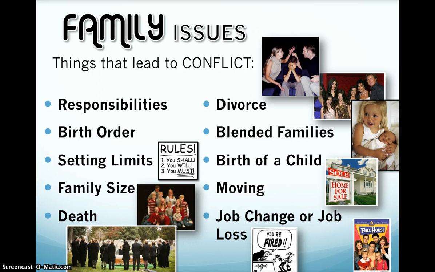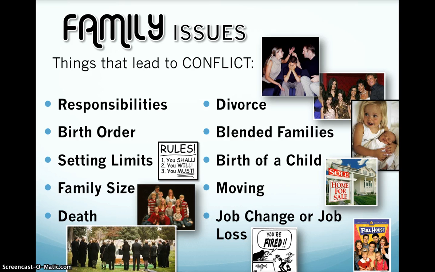Also, death can lead to conflicts, whether someone doesn't know how to deal with it, or also maybe there's fighting over who gets what and whatnot. Divorce can lead to conflicts as well. Divorce can sometimes tear people apart, never mind the fact that divorce is probably because two people aren't happy. But it also can cause conflicts and issues between siblings, mother and son, father and daughter, and so on.